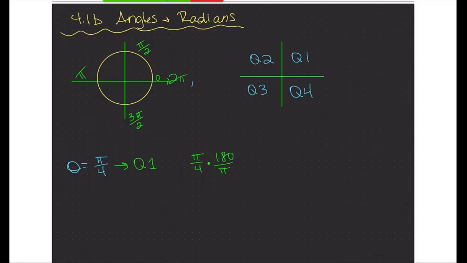So that's how I remember which way that 180 over pi goes. Is it pi over 180 or 180 over pi, right? So then my pi's are going to cancel. Pi over pi is 1. 4 goes into 4 once. 4 goes into 180, 45, yep. So we're going to get 45 degrees. And is 45 degrees in quadrant 1? Sure is.